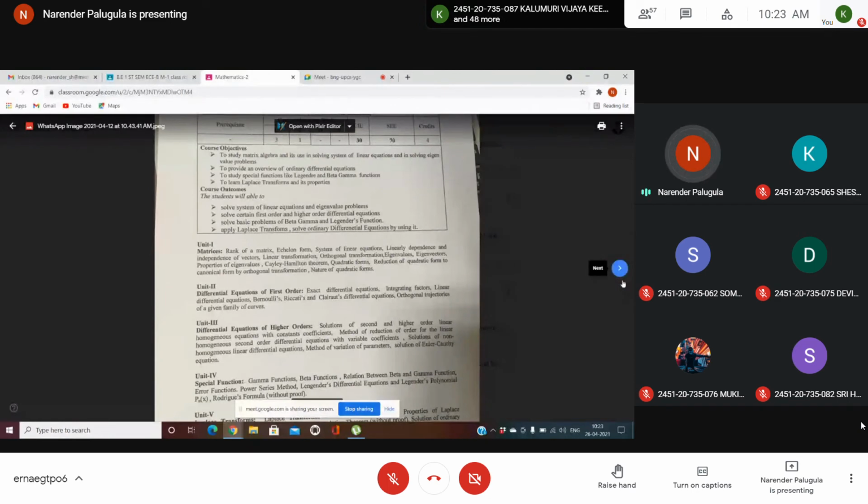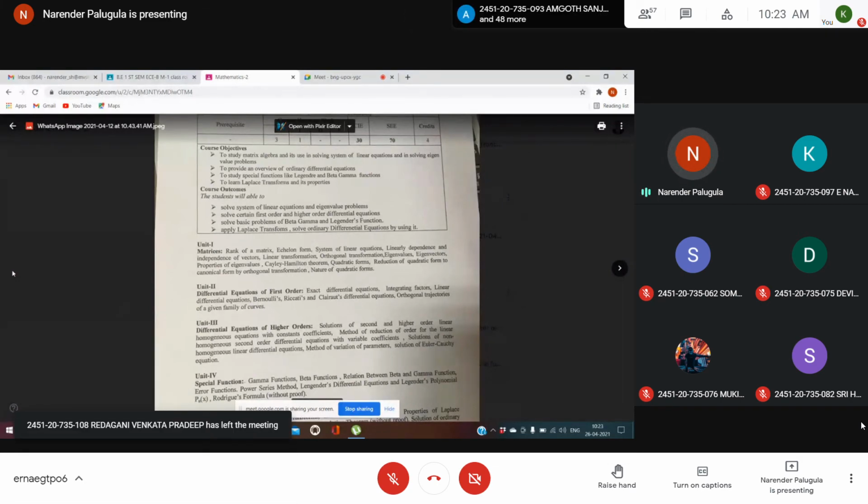And Unit 5 is nothing but Laplace transforms. Laplace transform is one of the tools using which we can solve differential equations by a shortcut. It is the simplest way to solve differential equations.